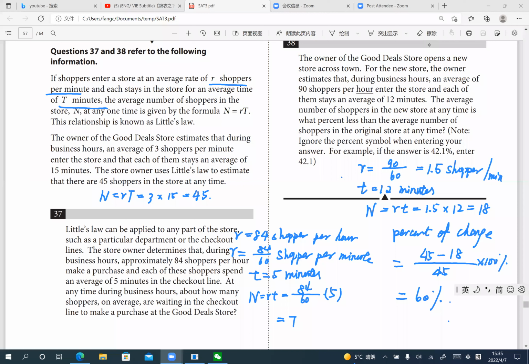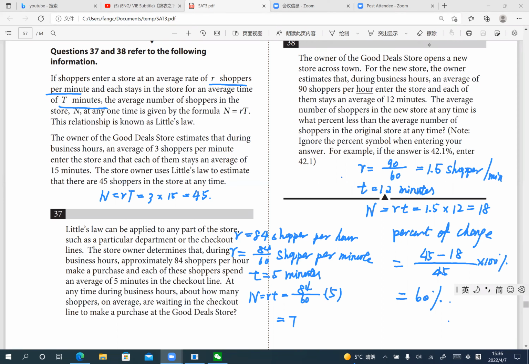Question 37 and 38 refer to the following information. If shoppers enter a store at an average rate of R shoppers per minute and each stays in the store for an average time of T minutes, the average number of shoppers in the store N at any one time is given by the formula N equals R times T. This relationship is known as Little's law.